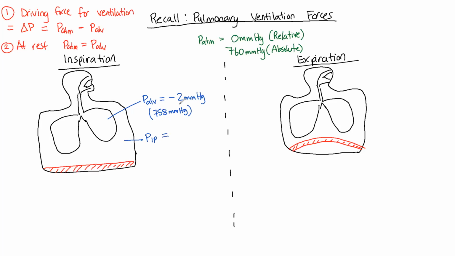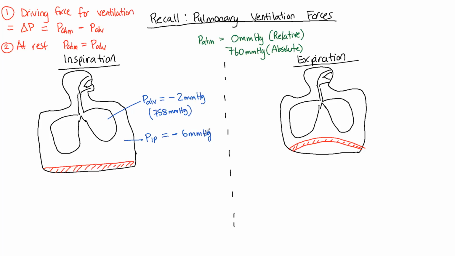So it must be more negative than what's happening in the alveoli in order to keep that negative pressure and keep those two structures adhered. So in the intrapleural space, the pressure is -6 millimeters of mercury. Okay, there's that 4 millimeters of mercury differential. And we talked about what this difference is.